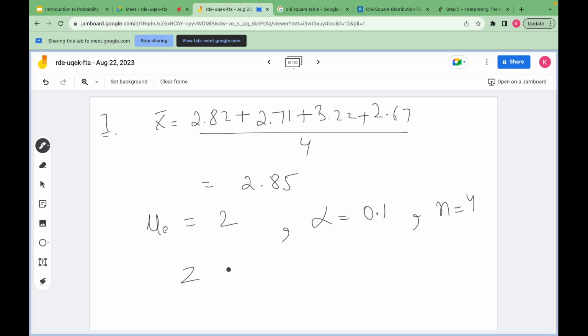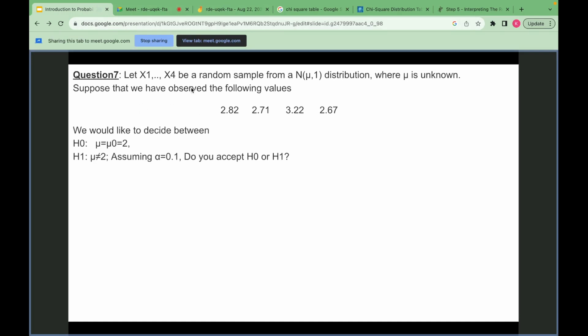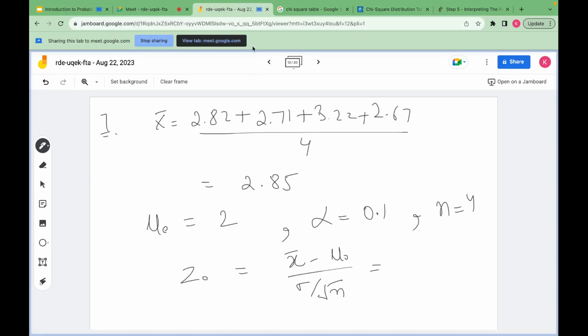So we will find this z0 value, which is x bar minus mu naught upon sigma by root n. Because in this question the sample is from a normal distribution where mu is unknown but the variance is 1, we use x bar minus mu naught upon sigma by root n.